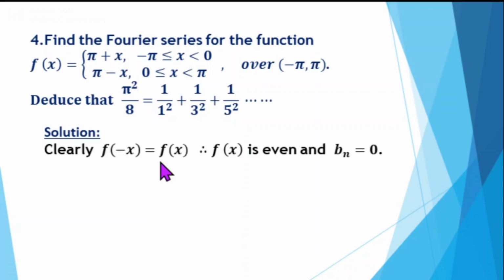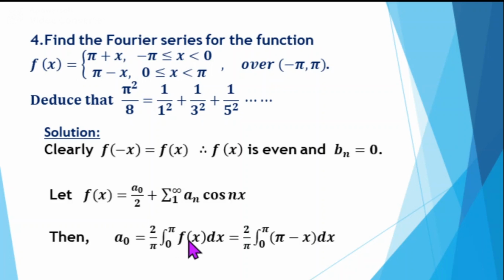We need to find a0 and an. The Fourier series is given by f of x equal to a0 by 2 plus summation an cos nx. To find a0, just note that in the interval 0 to pi, f of x is defined as pi minus x.